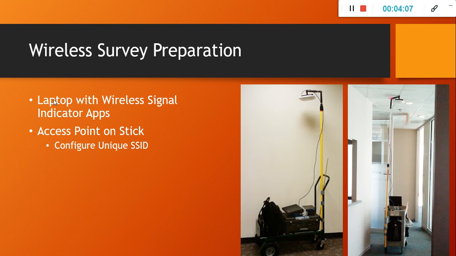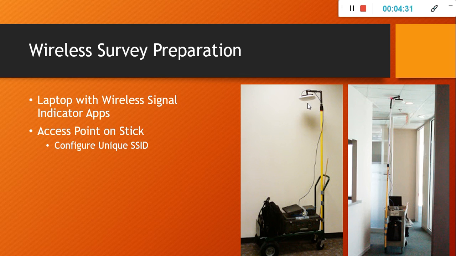And then second, you need the access point on a stick. As you can see from the right side, this is a sample of the wireless access point on a stick. Usually you want to mount it on the ceiling.